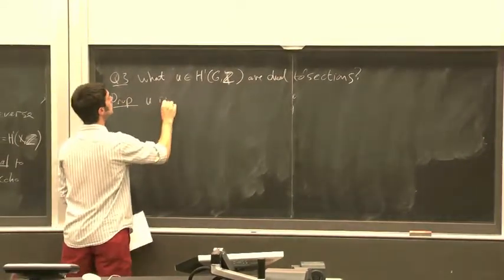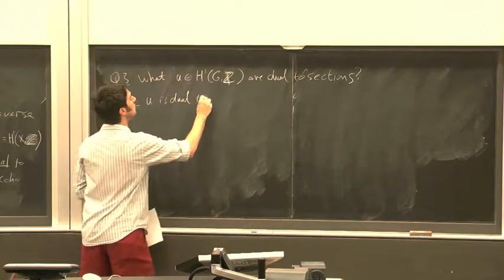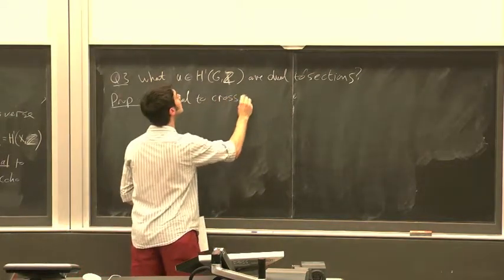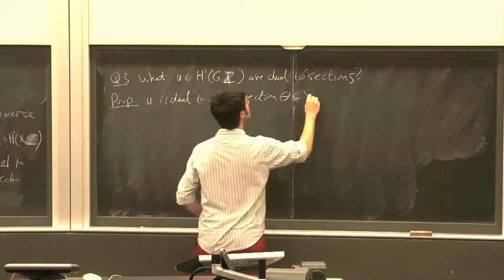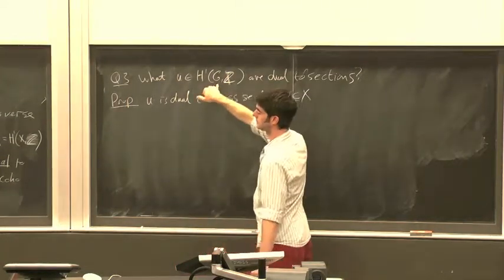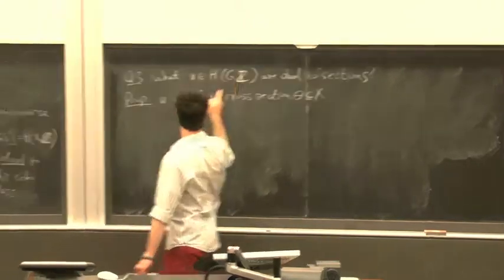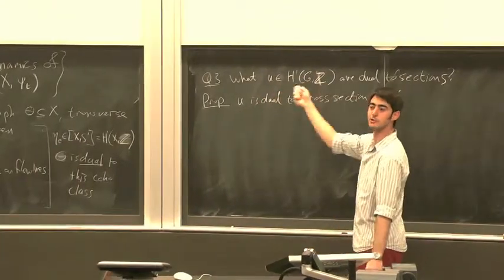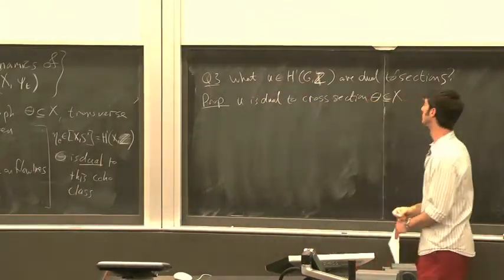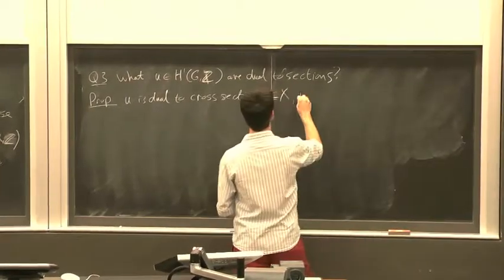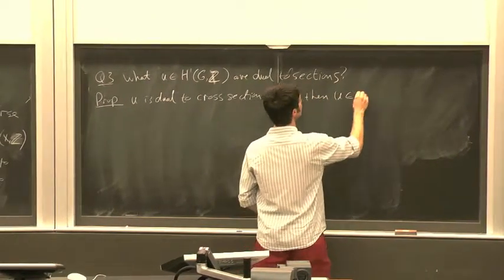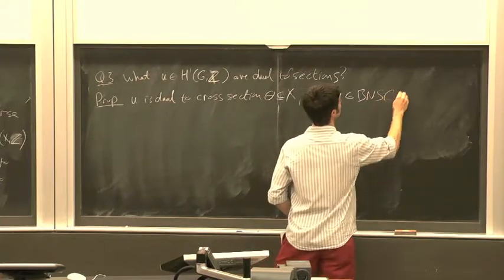If u is dual to a cross section theta, then, oh, by the way, here I wrote X, here I wrote G. This cohomology is the same, it's H^1 of G, right? So I'm just going to go back and forth. Okay, so if I have a class that's dual to a cross section, then I'm in the BNS invariant that we were talking about before.